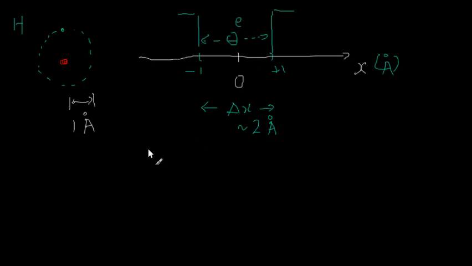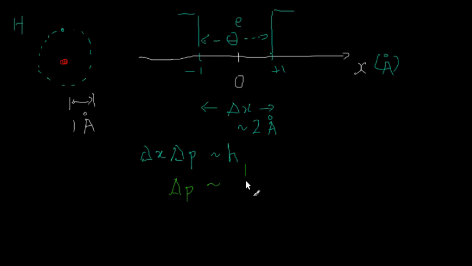So let's try that. Delta x times delta p is about Planck's constant; that's the uncertainty relation. If I want the actual range of momenta that this electron must have, remember that we need to think of this delta p as the actual range of momenta that the electron has, and not some error of measurement anymore.